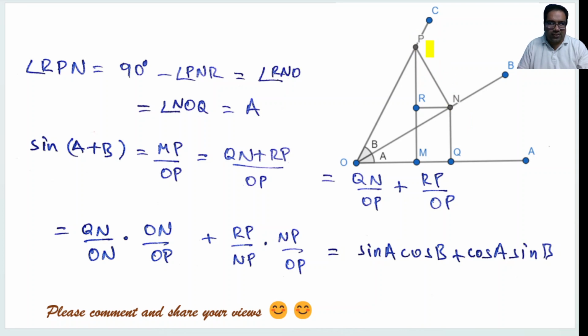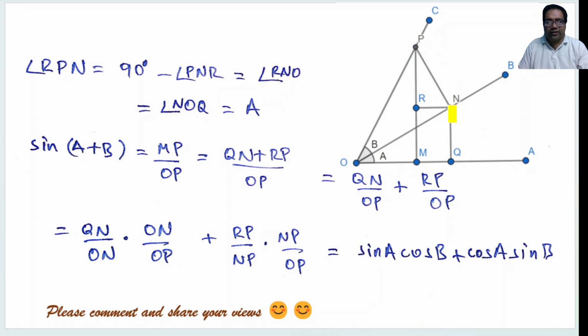Basically, let's take one point P, draw a perpendicular to M, and then from here draw another perpendicular to this line. Otherwise, they might not intersect at N. So from P we are drawing two perpendiculars, one to this line and another to this line.